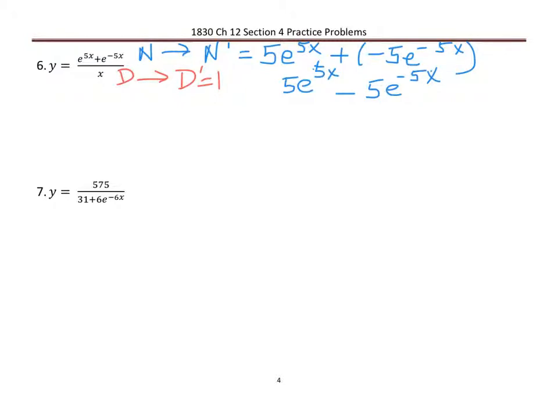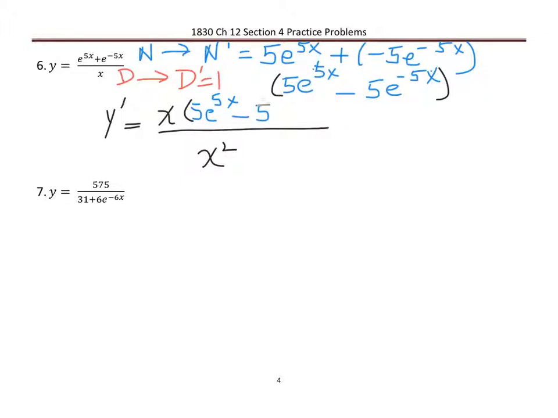So when we get ready to write y prime, we keep the denominator, which is x, and square it. We take the denominator to the numerator and multiply it by the existing numerator, or actually by its derivative. And the derivative of that numerator is 5e to the 5x minus 5e to the negative 5x.